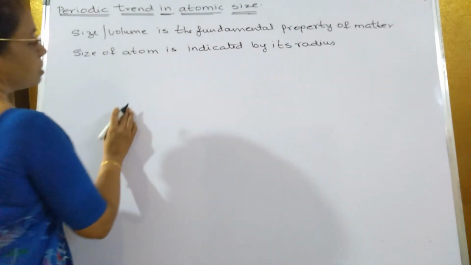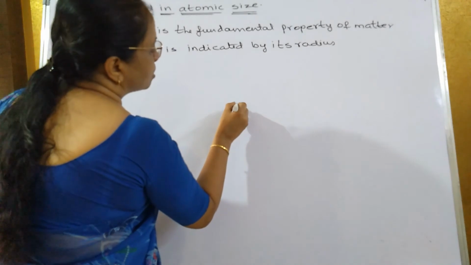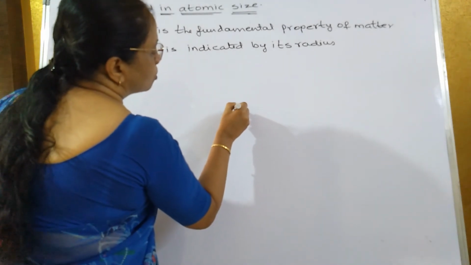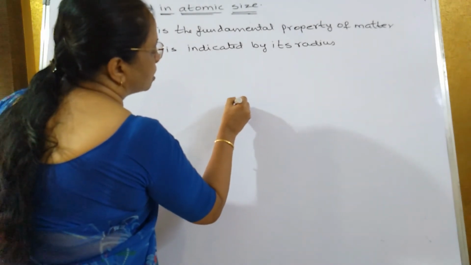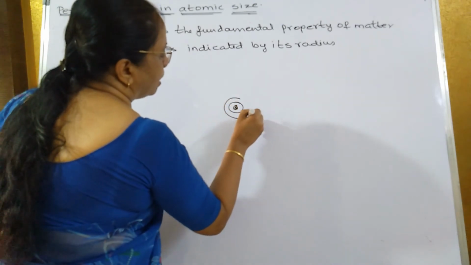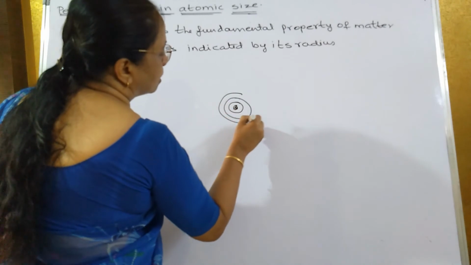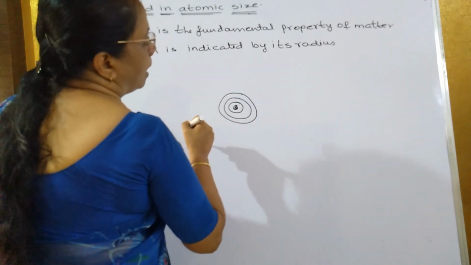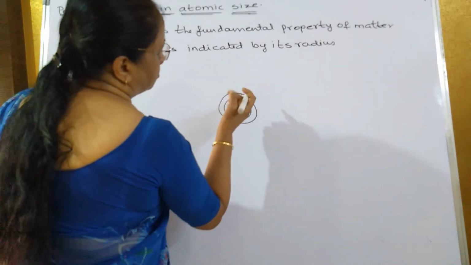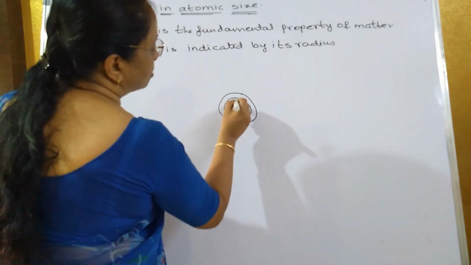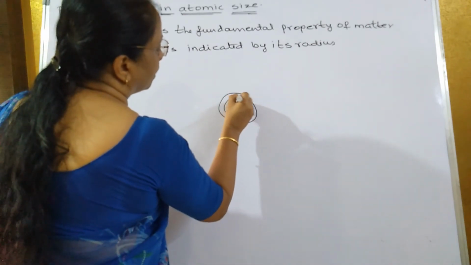Now what is the radius of an atom? Supposing this is a nucleus, this is the first shell, that is K, this is the second shell, that is L, and this is the third shell, that is M. Supposing they have 3 shells with the electrons revolving around it.